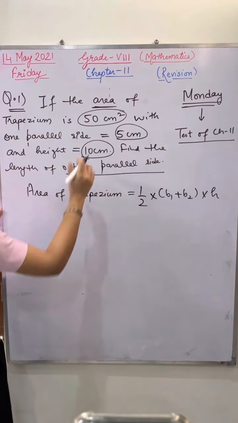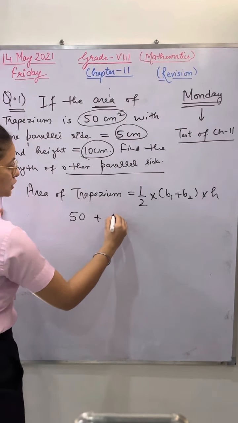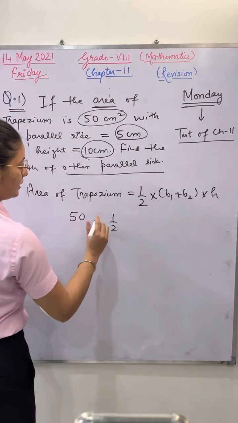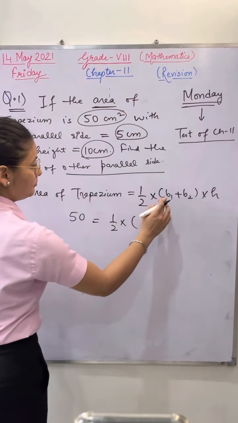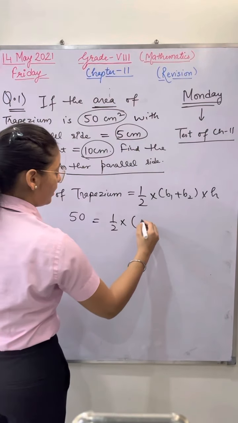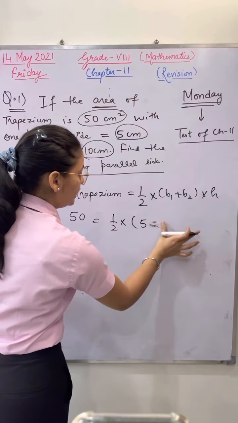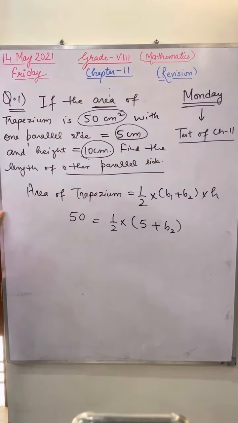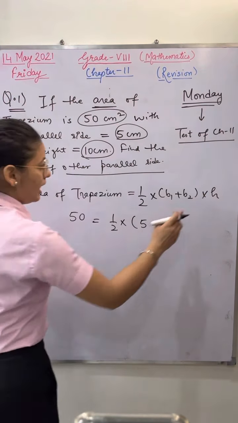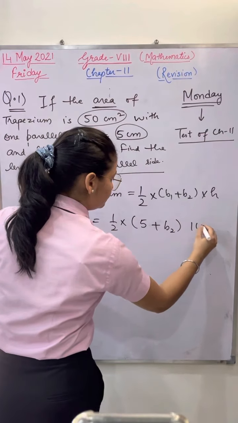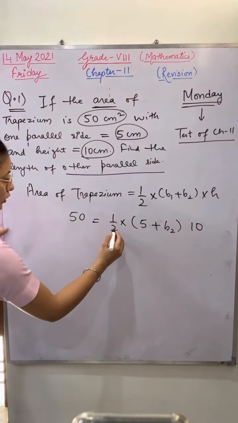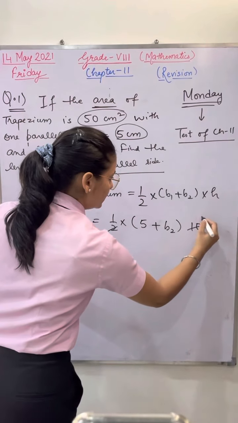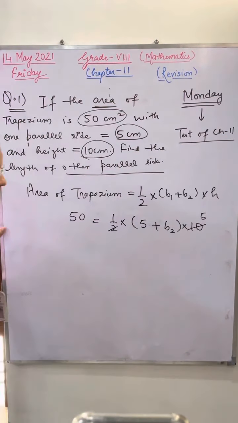Area is given as 50, equal to 1 by 2 multiplied by B1, which is given as 5 centimeter, and B2 is not given, so let's suppose it as B2. Height is given as 10 centimeter. So I am going to cancel 2 with 10 because it is in multiplication. 2 fives are 10.